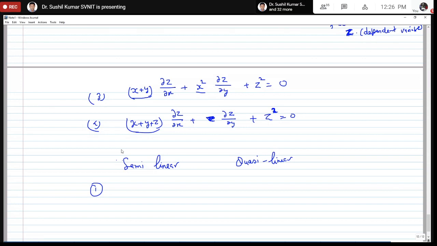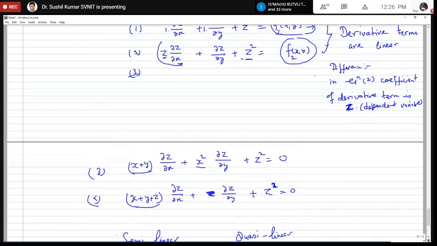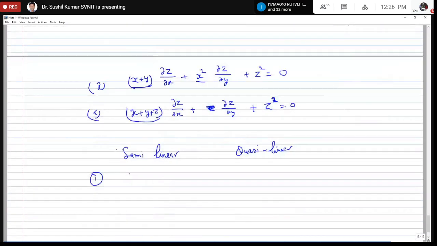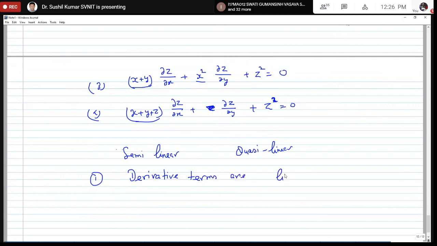So because first we are writing for order 1, I'll write the same thing here. Derivative terms are linear in both the cases.